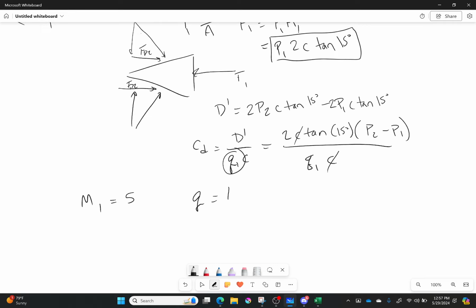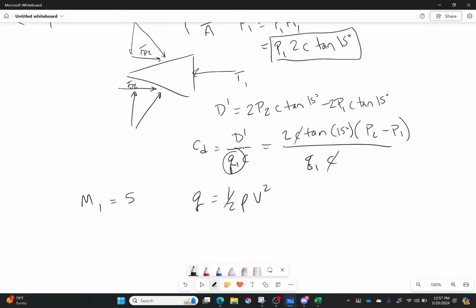It's equal to 1/2 rho v squared. I can't find my velocity if I don't know my speed of sound. I can't find my density if I don't know something else. So I'm stuck, there's nothing we can do, the problem's a goner. Oh well, we tried. Or maybe it's not quite a goner yet.